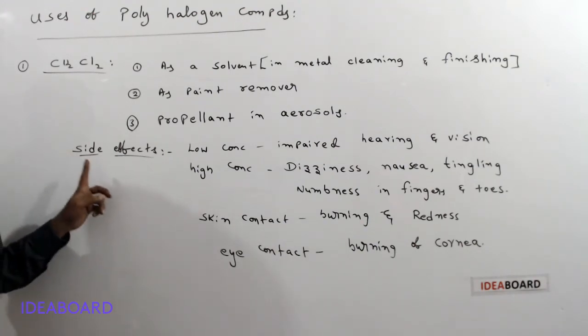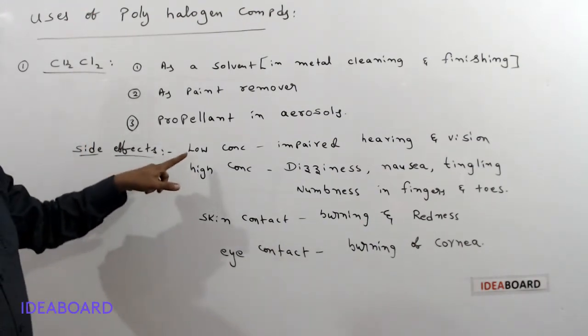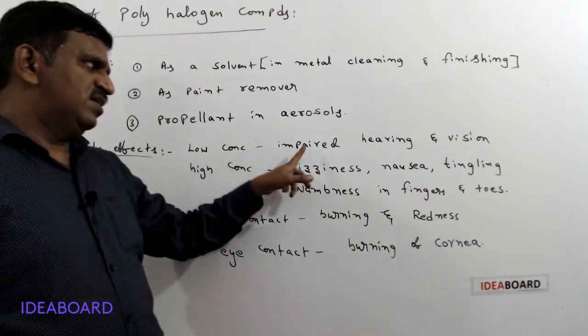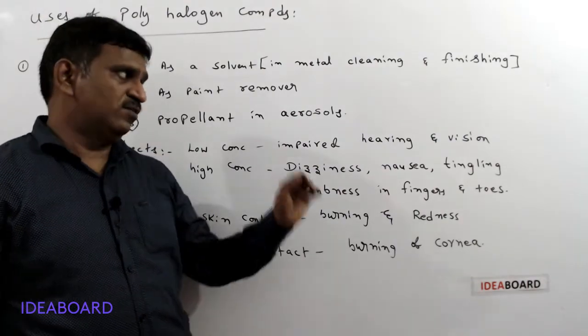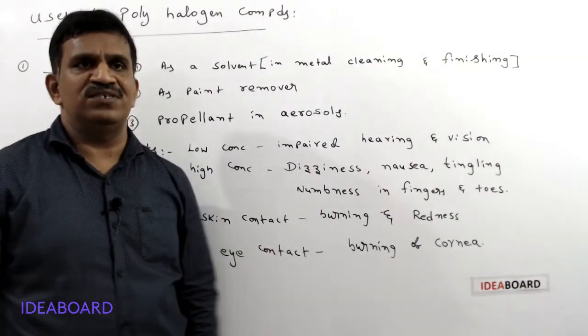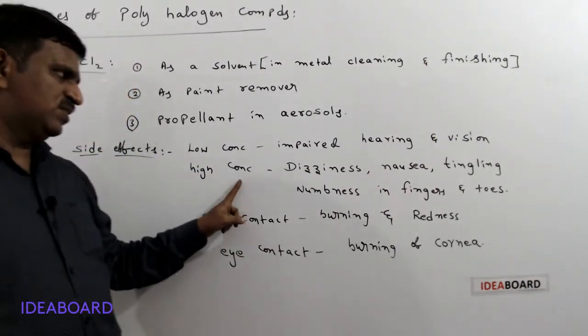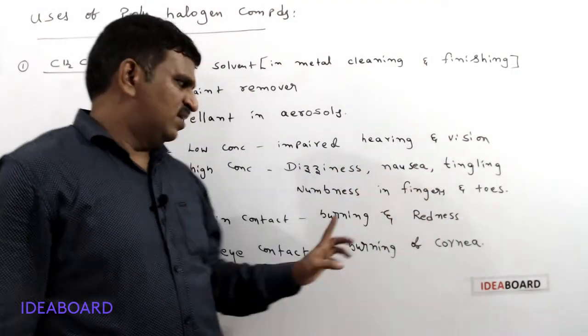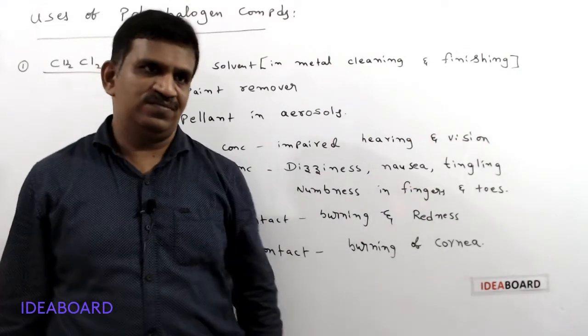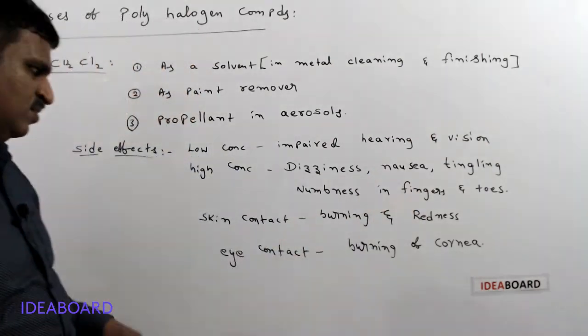What are the side effects of this methylene chloride? If it is in low concentration, then it causes impaired hearing and vision. We are getting a problem in hearing and vision. And if present in high concentration, dizziness, nausea, tingling, and numbness in fingers and toes. Numbness of fingers and toes is observed.